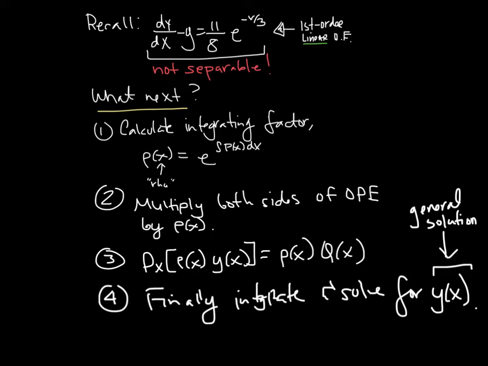And of course, to find a particular solution, we are definitely going to be given an initial condition. So this actually has an initial condition, and I think I wrote it in the very beginning in the first video, but if I didn't, that's fine. Our initial condition is 0, -1.